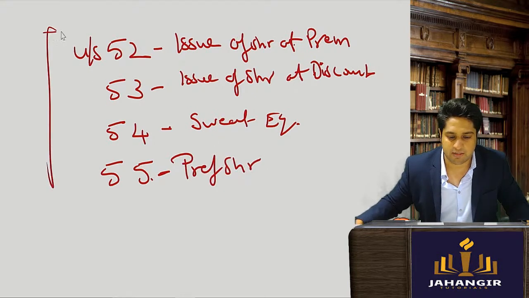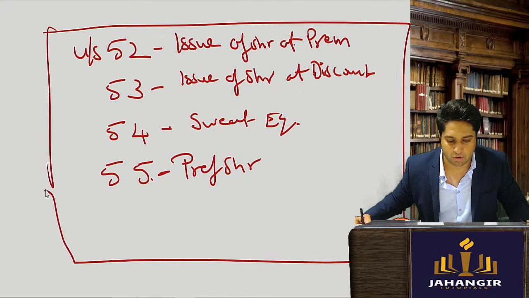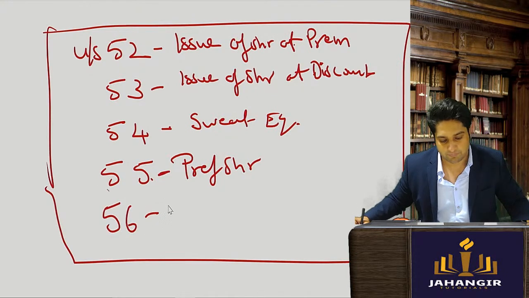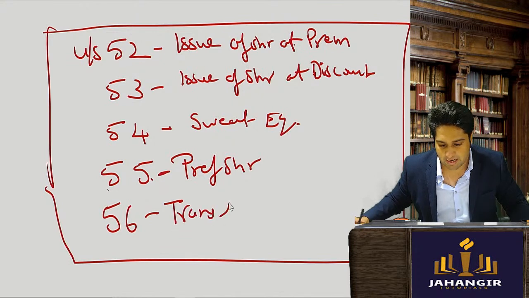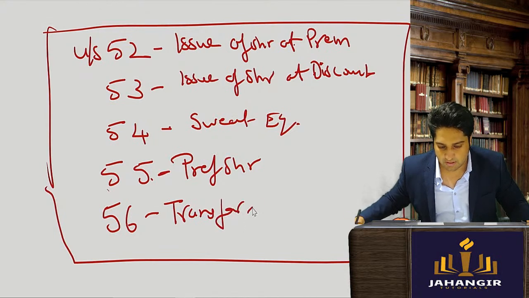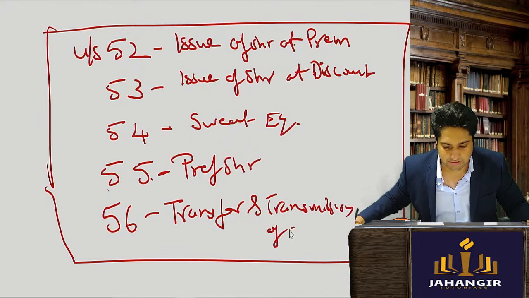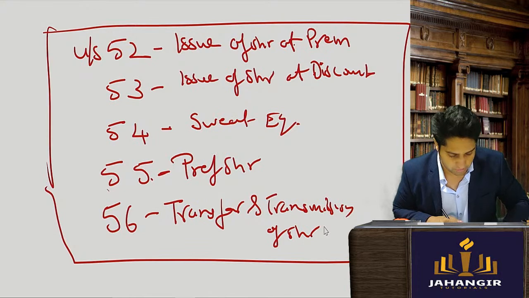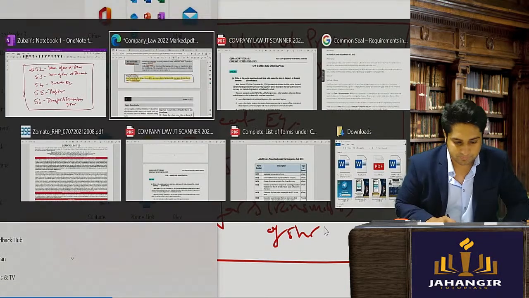Please make a note of this, it will help you quote in your exams. And section 56 talks about transfer and transmission of shares. Okay, all these sections are extremely important and to be quoted in your exam.